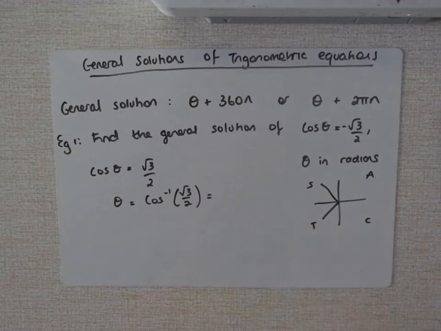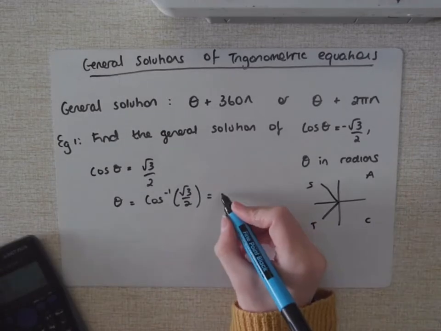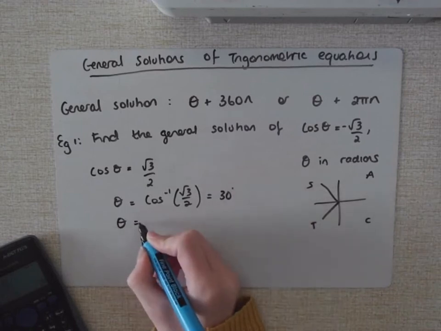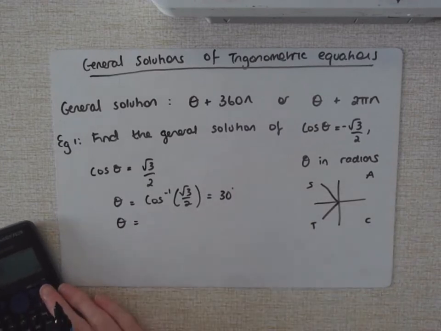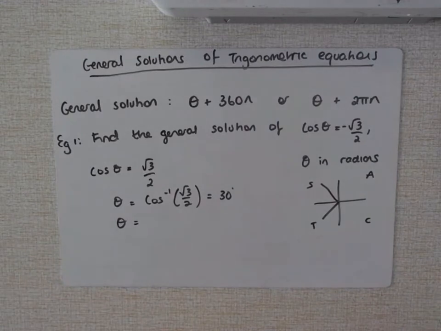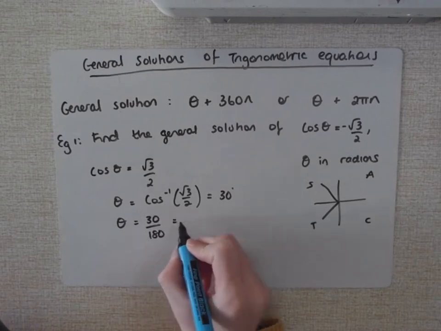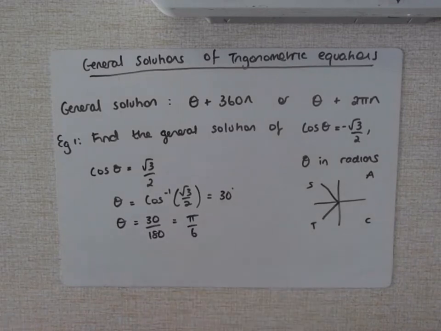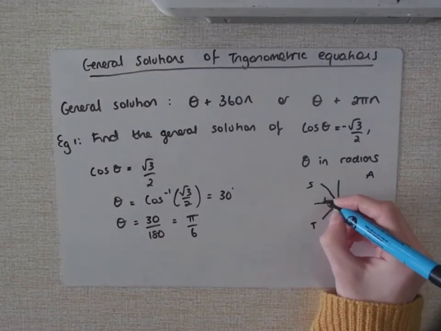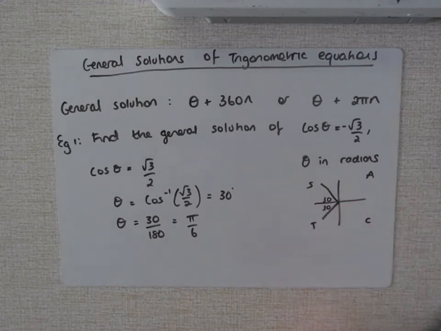Now, cos of theta is root 3 over 2, so I'm going to do shift cos root 3 over 2, and it's 30 degrees. Now, how do I get that in radians? You're just going to do 30 over 180, and you get 1 over 6, so that's pi over 6. So it's 30 degrees here, and it's 30 degrees here.